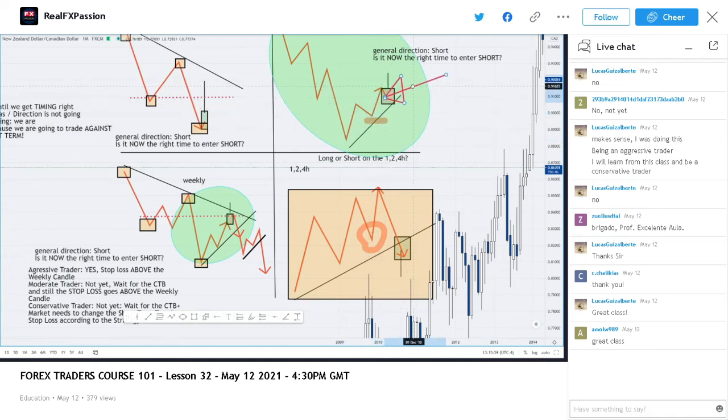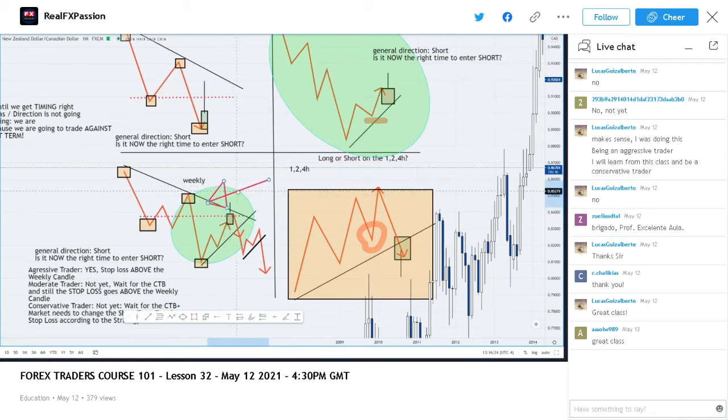How many of us are losing trades because we are entering something thinking, oh, it's an uptrend, and we lose, right? Or we are shorting a downtrend and we lose because we are going against the trend. We are going long or short on retracements, but we are not aware that those are retracements. We think, oh, this is an uptrend. No, it's not. This is a down retracement. How do you know?